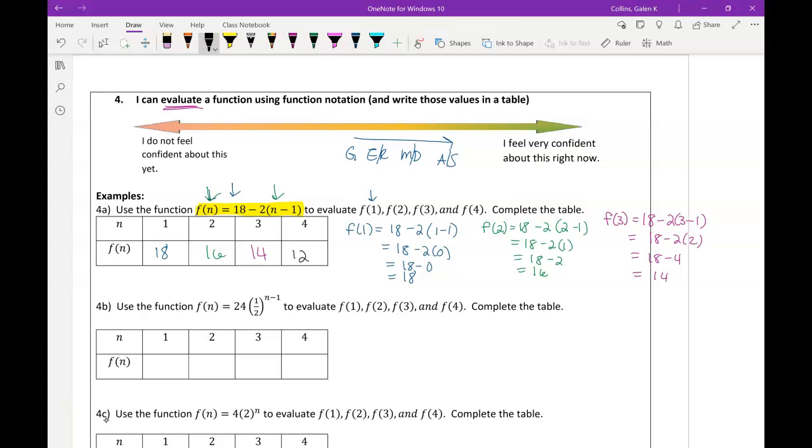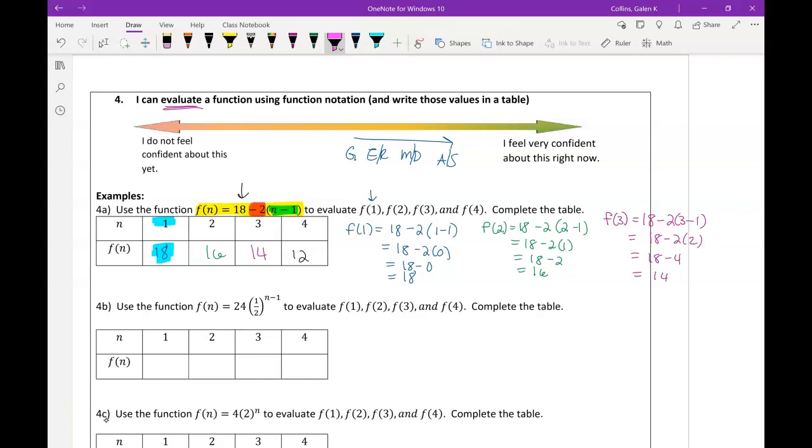So just notice real fast a few things. I know we've talked about this in my class a lot, but notice that 18 was our first term, and also notice that we had n minus 1 in parentheses. That's not a coincidence. We've talked about that a little bit. And then I would also point out the multiplier, that negative 2 rather.